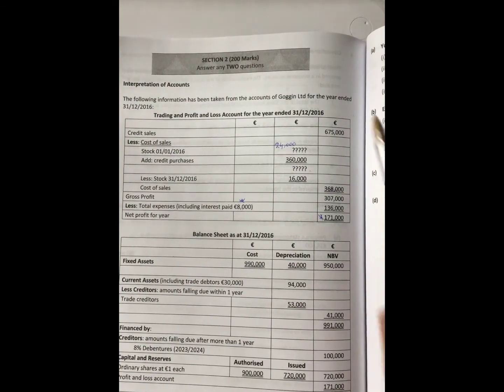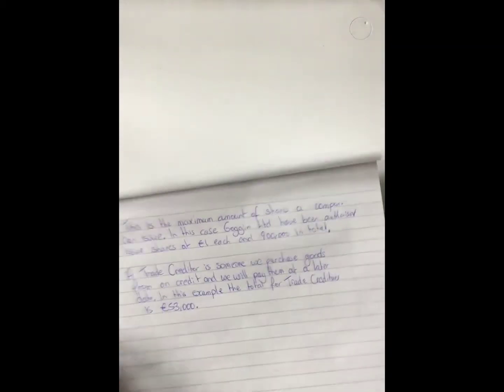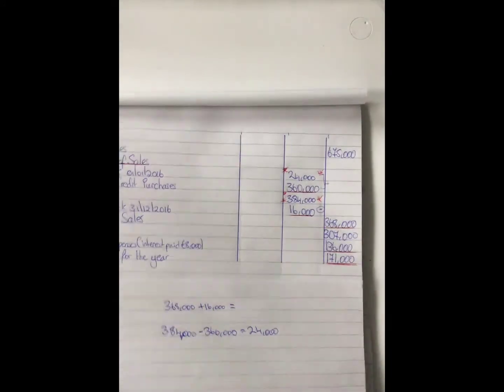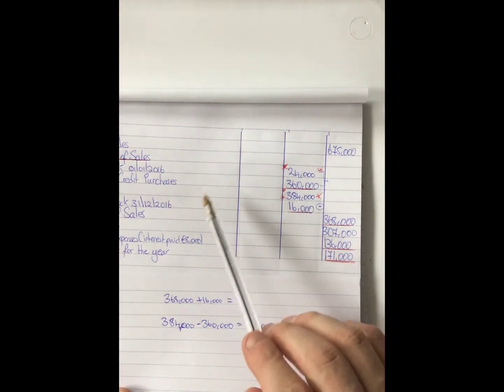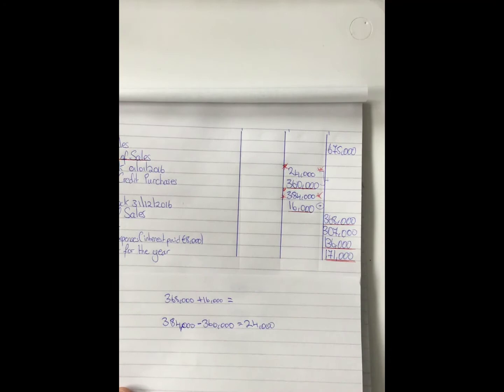But we have to take out our closing stock, which we've already worked out at 16,000. So we're going to take that 16,000 away.